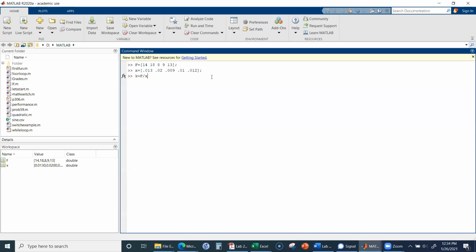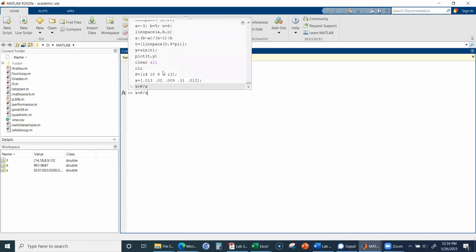So let me put this formula like this. So I will get an error. Not exactly an error, but what I was expecting was not like that, because what happened is that it has taken only the first value over here and then divided by it, but the other values were not divided. So this is not what I wanted.